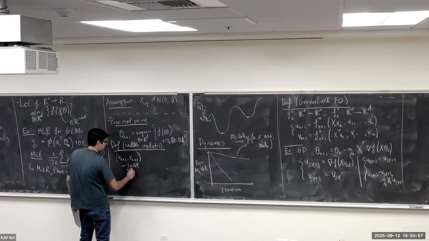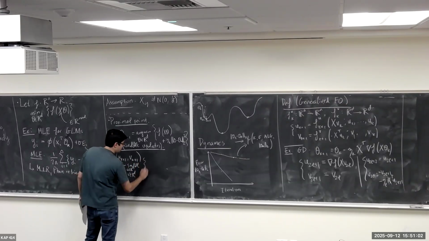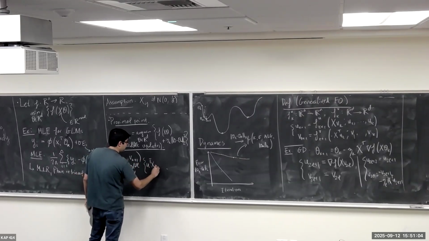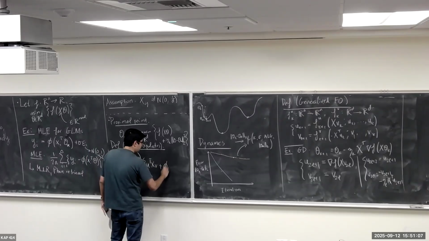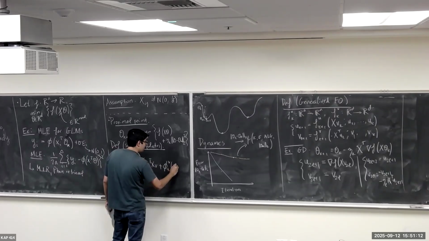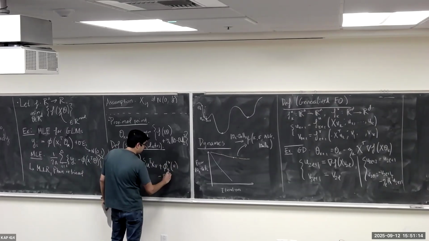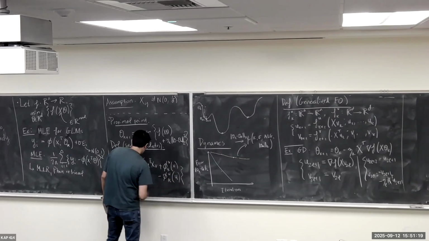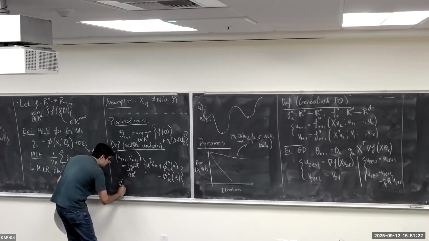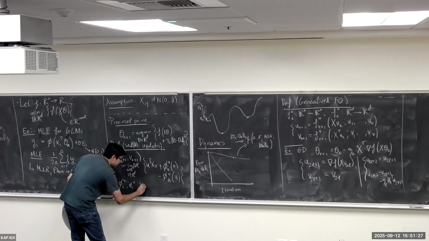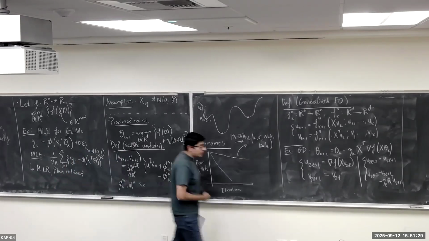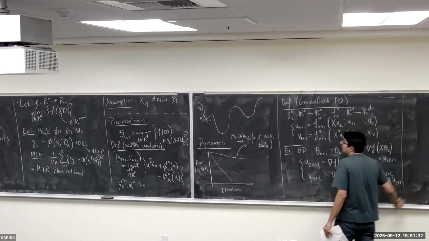So u is in R^n, v is in R^d, of this quantity: u transpose x v plus some penalty function phi_k^v(v), indexed by k, minus some penalty function phi_k^u(u). And I'll assume here phi_k^u and phi_k^v are strongly convex.